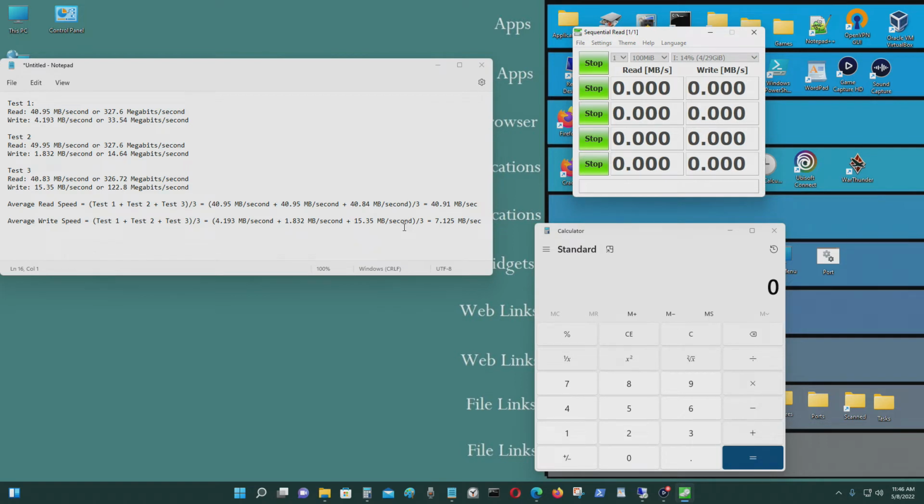So let's see what the read is this time. Okay, about the same. See what the write is. If there's a big difference or not. Okay, I got 14.54. Okay. Then we'll add the average of between 4.